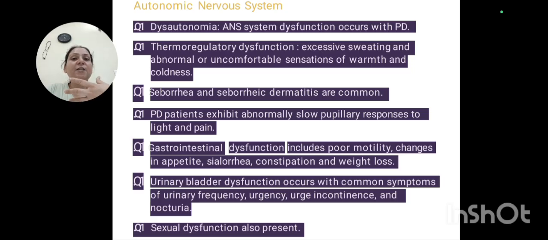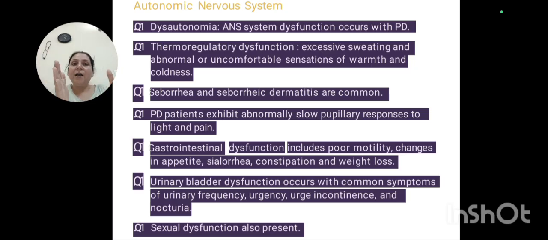Whereas parasympathetic is responsible for vasodilatation, pupillary dilatation, normalization of BP and respiratory rate, and relaxation of the digestive system and other systems. So one is for constriction and another is for dilatation.